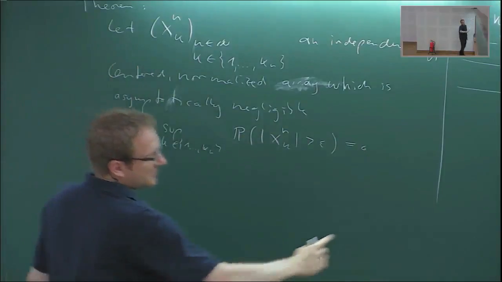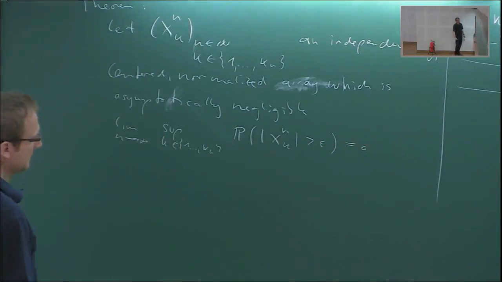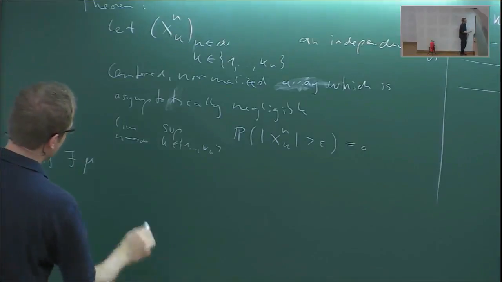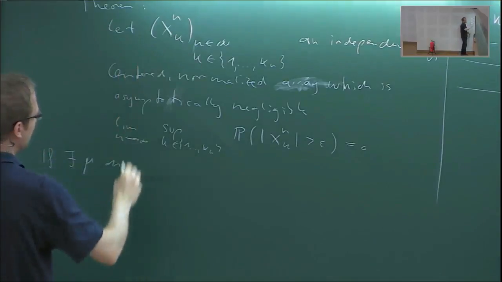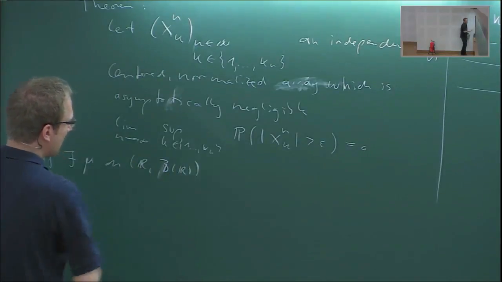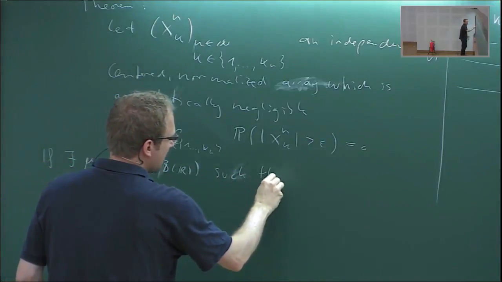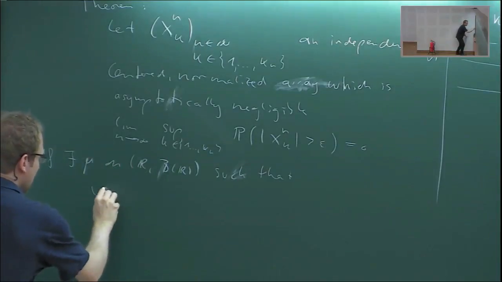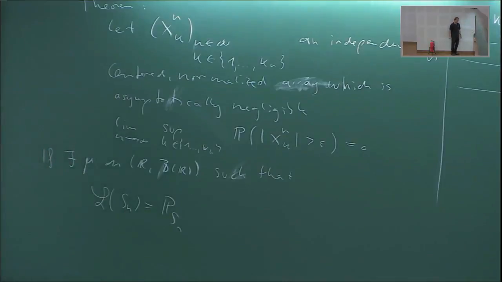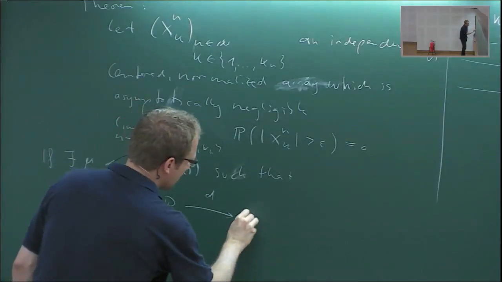If those sums, the S_n, tend to a limit, if there exists a distribution mu on R such that the distribution of S_n tends in distribution, so weakly, towards mu.